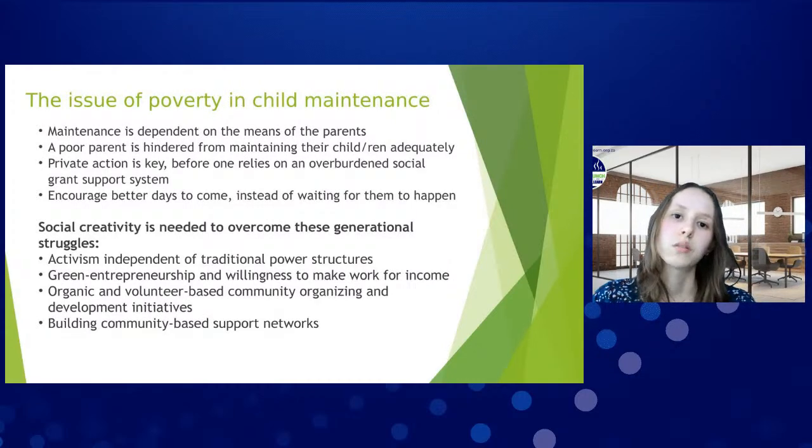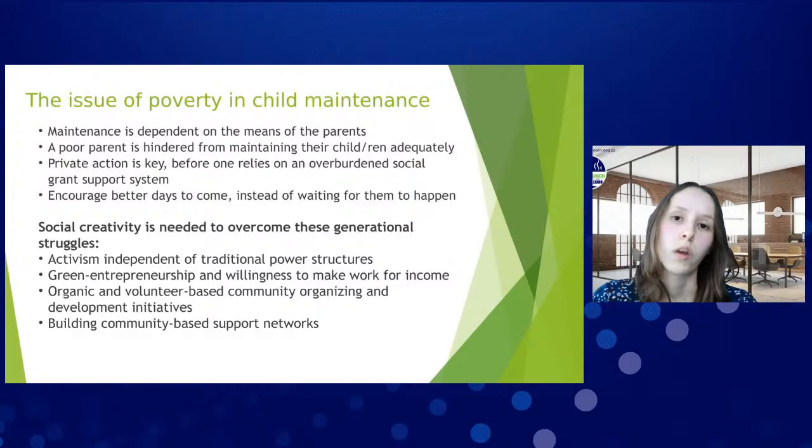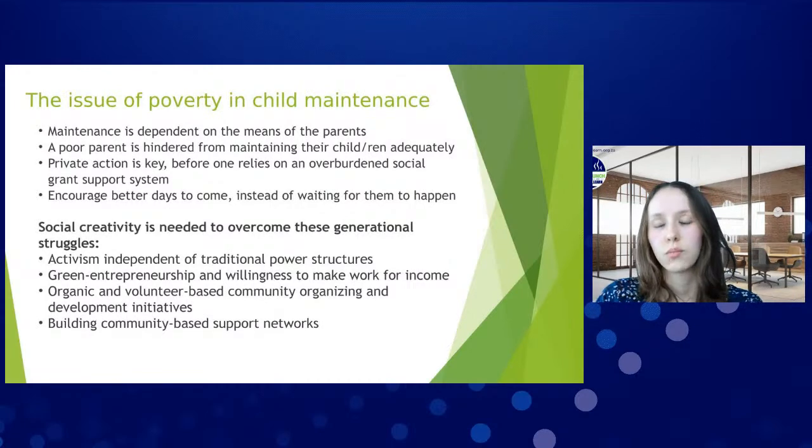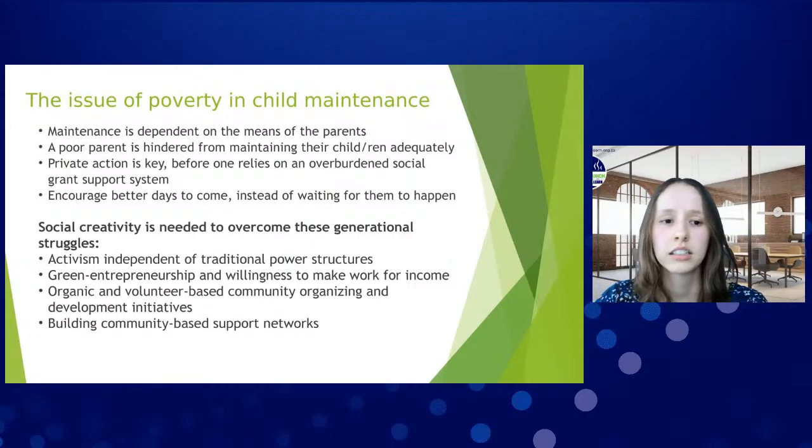And that's also what I meant with encouraging better days to come instead of waiting for them to happen, where we shift our trust away from having the government or other state support structures come in to help us, but where we, while we can, try and do what we can for ourselves and our community, instead of relying on these traditional power structures, which often tend to fail in their duties to support the civilians that are really struggling.